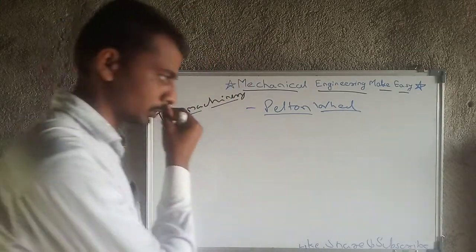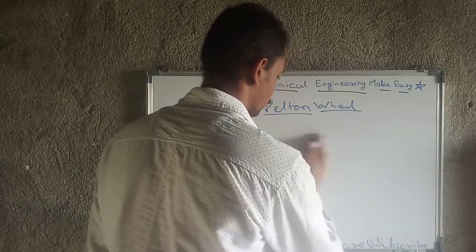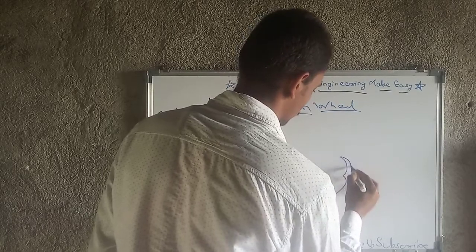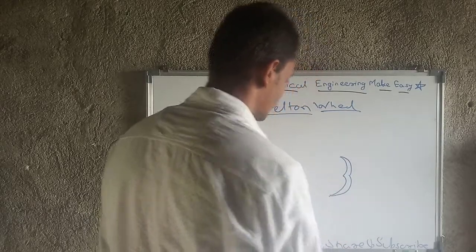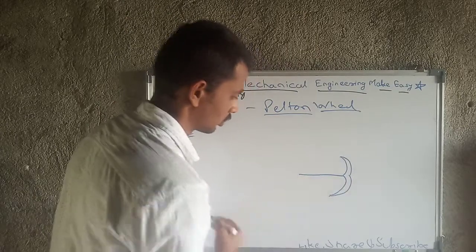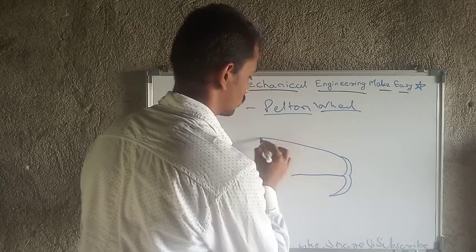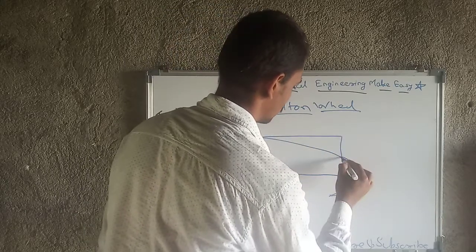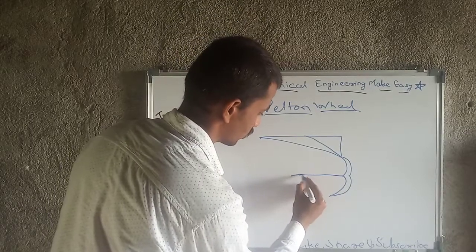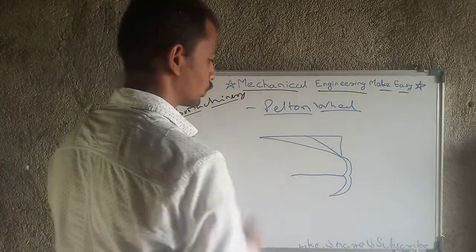Velocity triangles are very important; other things are not as important in the case of turbomachinery. Okay, and it is symmetrical about this line. This is the inlet velocity triangle, this is the outlet velocity triangle.